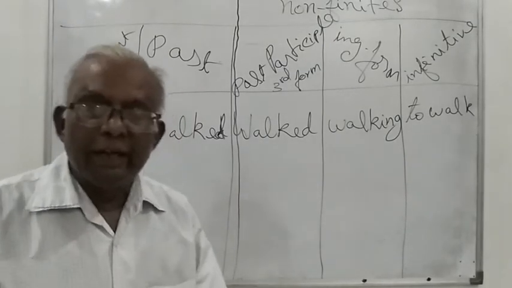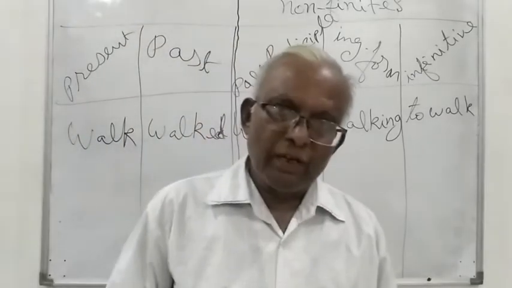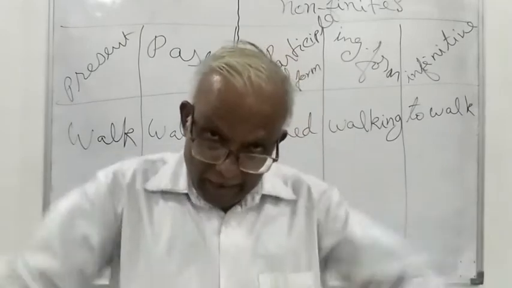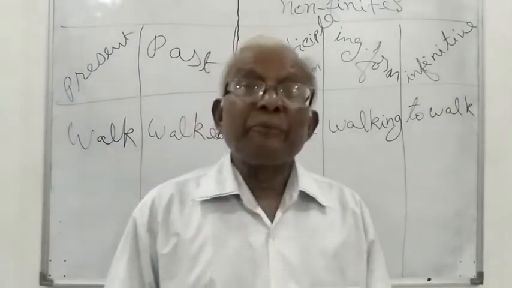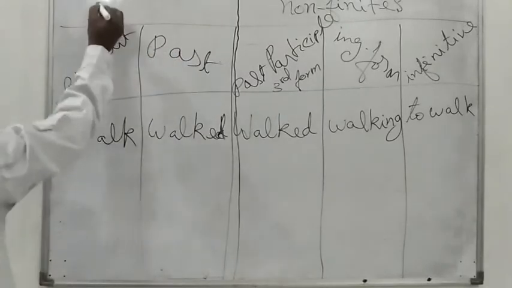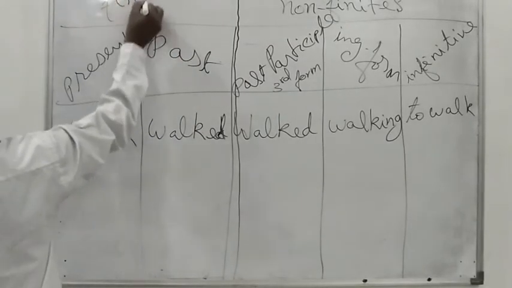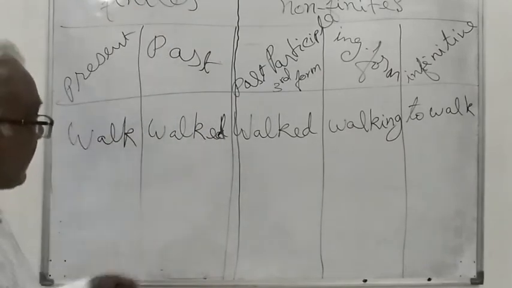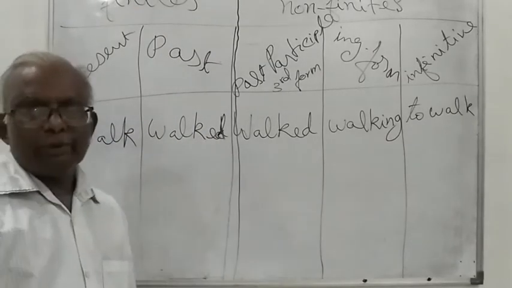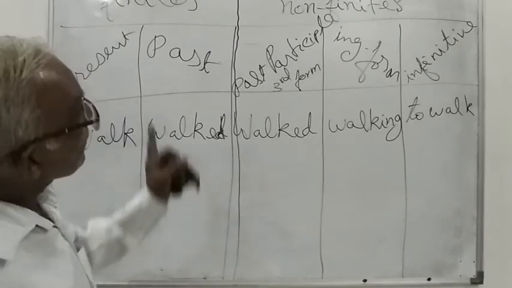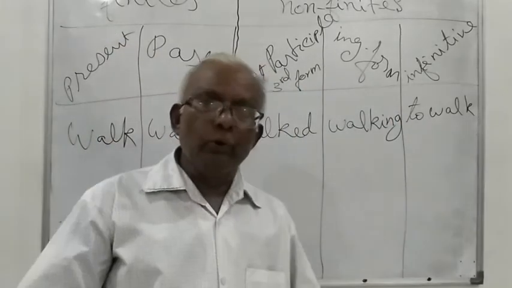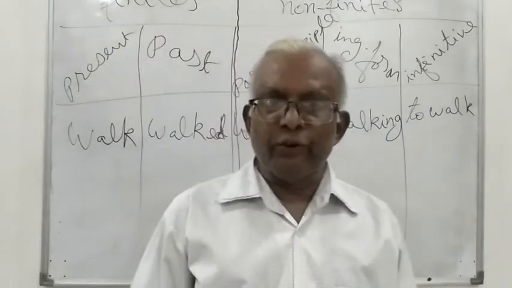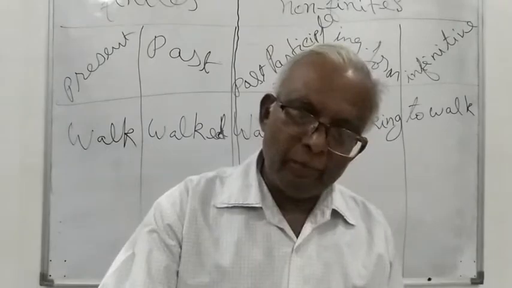They don't need any helping verb. When they don't need any helping verb, they are complete by themselves. You call it finites. So you got two finites. They don't need any help to tell you the time. Whereas the non-finites, which you have learned in your lower classes as participle, gerund and infinitive, they need a helping verb.